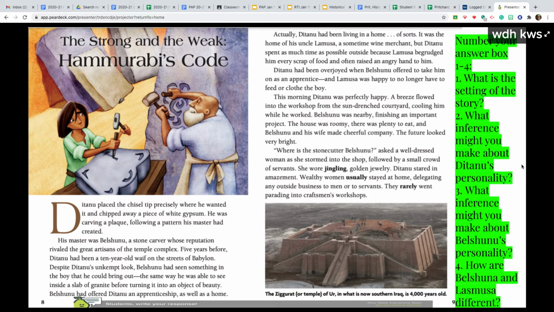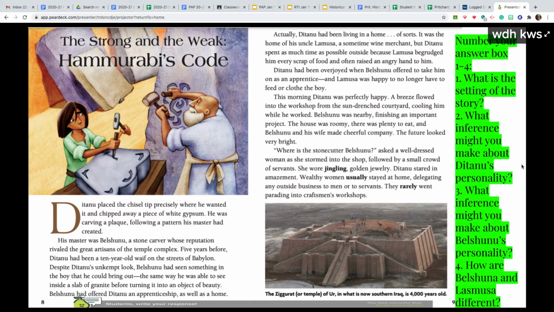Okay, how are Belshunu and Lamusa different? Lamusa would be mean to Dotanu, and the other guy offered him a job. Okay, so Lamusa, Dotanu's uncle, was a very uncaring, unfeeling person.